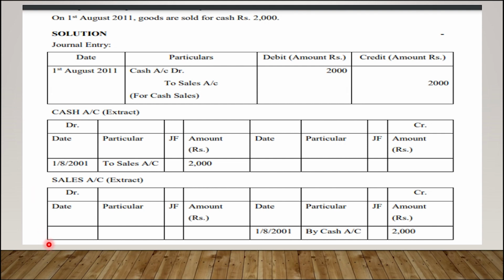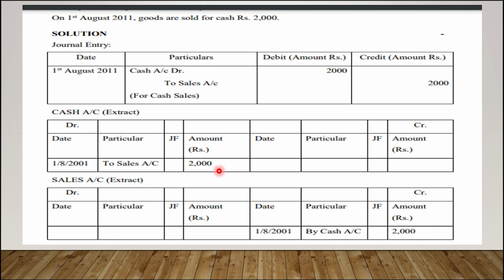I'll repeat: this entry, cash account debit to sales account, is posted like this. Cash has a debit balance, so I look at the debit side. I write down 2000 here. Then the respective account credited is the sales account, so I write down sales account here. I write down the date, the sales account, and this amount.